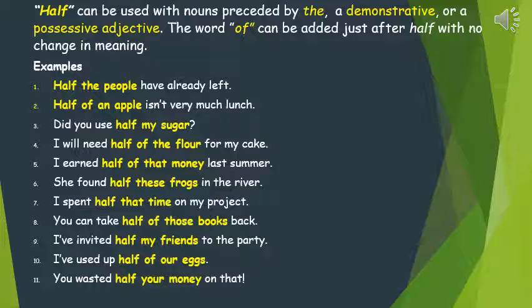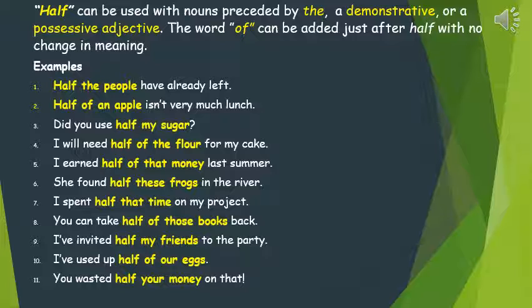I will need half of the flour. استخدمنا هنا اسم قبل منه article. I earned half of that money. هنا اسم قبل منه demonstrative اسم إشارة. She found half these frogs in the river. برضو اسم إشارة قبل كلمة frogs. I spent half that time.